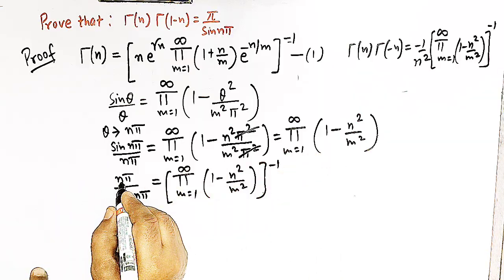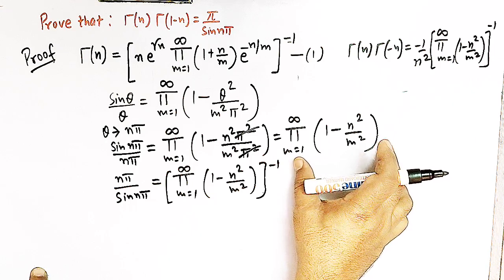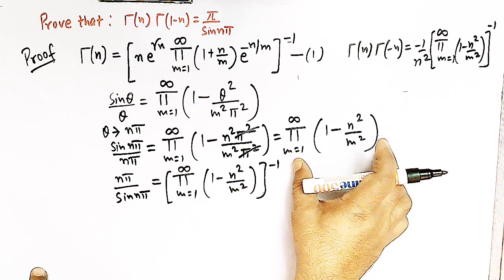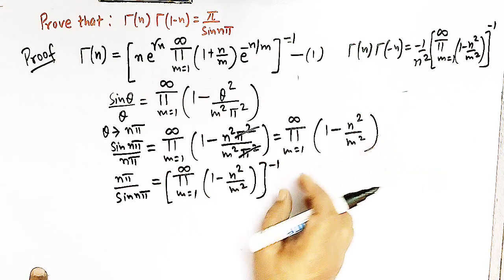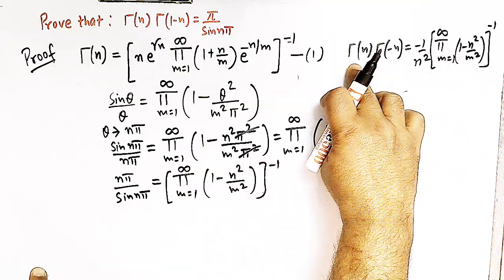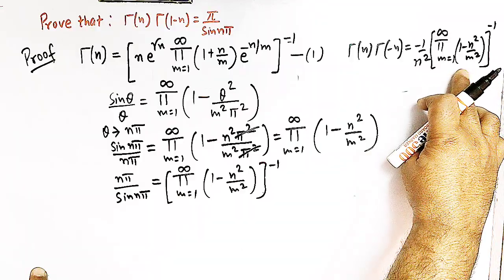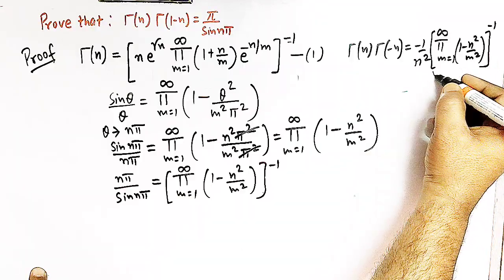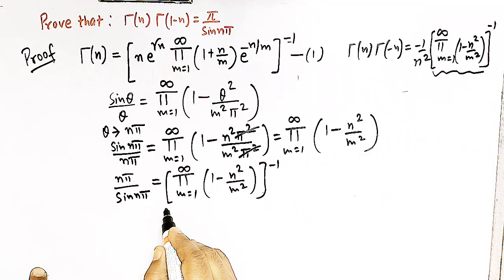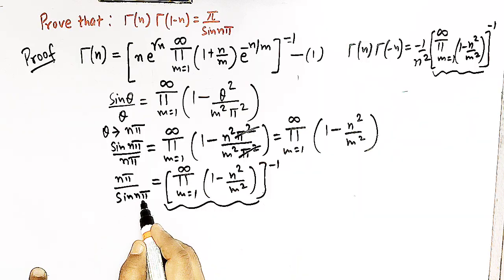So we have taken the reciprocal of both sides. Here we have n pi over sine n pi, and here we have the reciprocal of this infinite product representation, right? Now here we have the product of gamma n and gamma minus n as this expression, so we can replace this term by n pi over sine n pi.